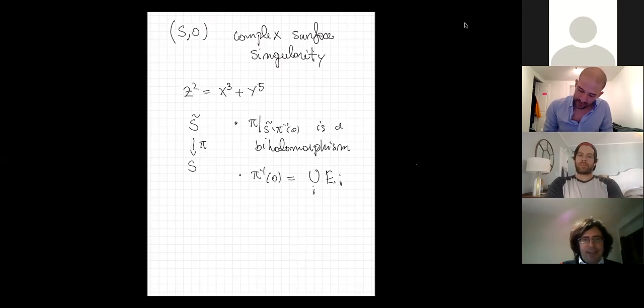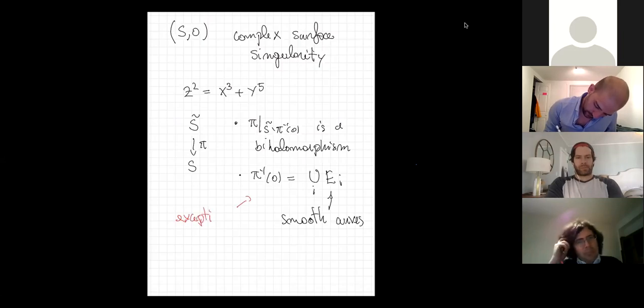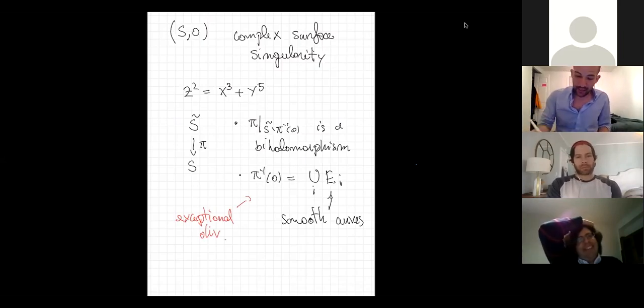These are smooth curves with normal intersections, and this is what people call the exceptional divisor of the resolution.